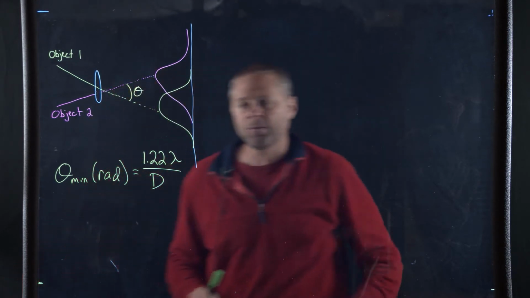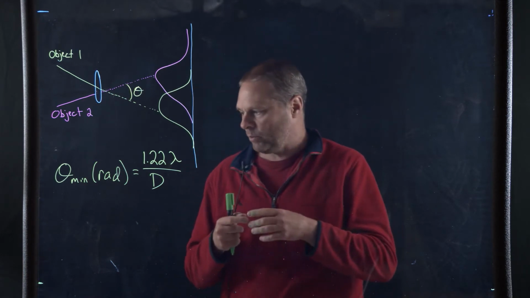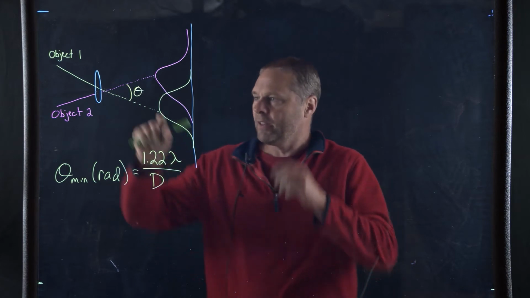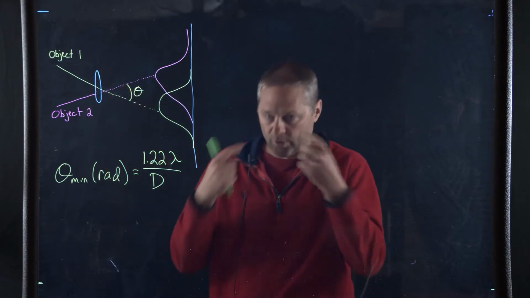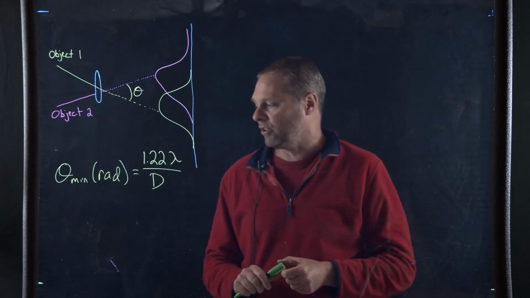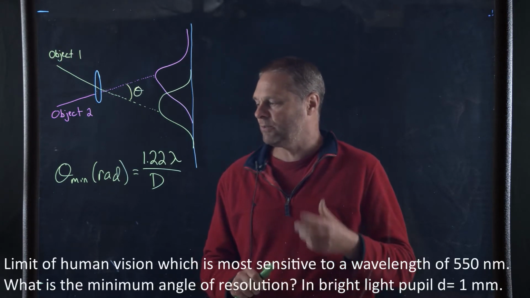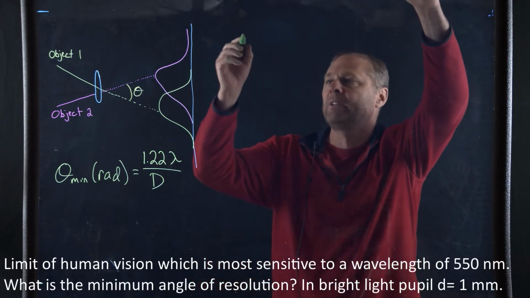And so for the very first question, we're going to be looking at the human eye. The human eye works the exact same way. The pupil is really the aperture for the eye. The question reads as such: limit of human vision, which is most sensitive to the wavelength of 550 nanometers.